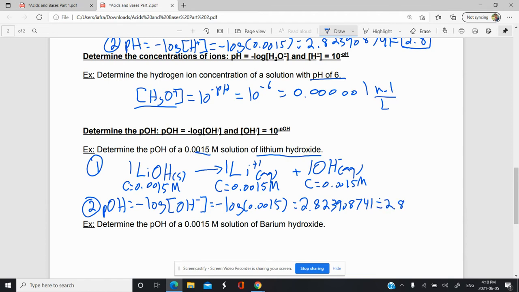So that's the pOH. You have to be careful with this here, okay? Because if I were to ask you if a solution is acidic or basic, you're dealing with pOH right now. So pOH, think of the scale as kind of inverted. The lower your number, the more basic you are.